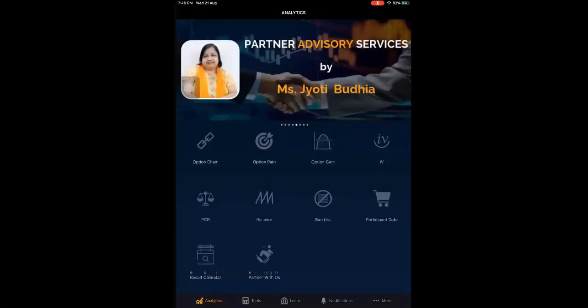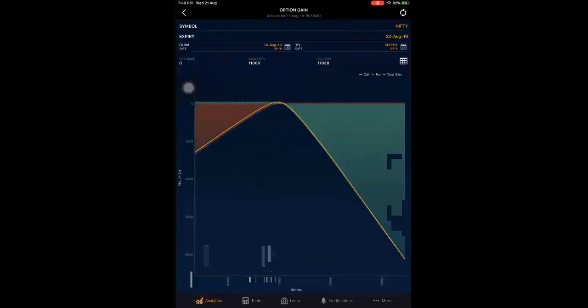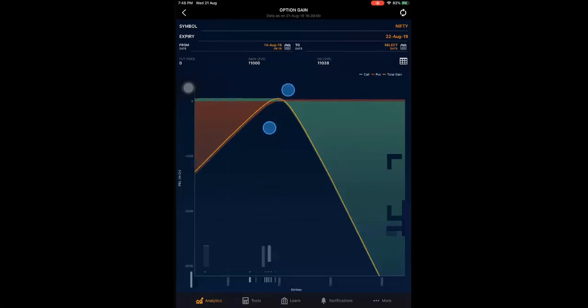Now, one important product is the option gain. It's meant for the expiry traders, the expiry lovers who want to do the weekly options and are quite active on the expiry day. So option gain is the custom algorithm of Quantsapp. It is an improvised version of option trading.